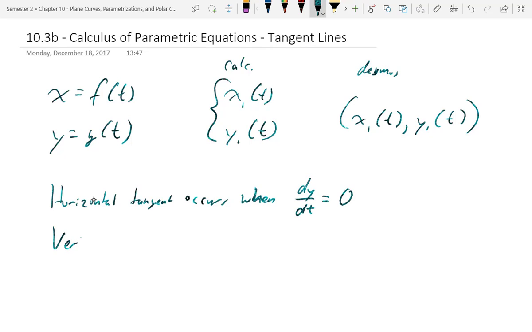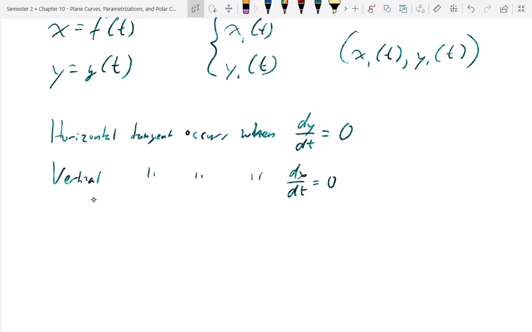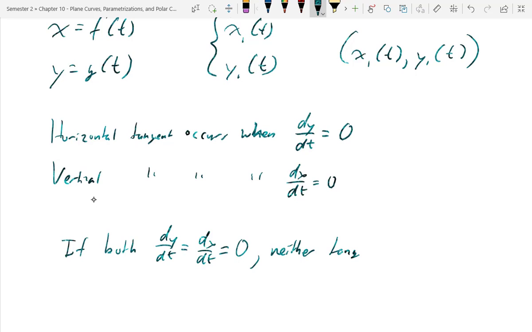And then vertical, dx over dt is equal to 0. It's worth pointing out that if both dy/dt and dx/dt equal 0, there is neither tangent, and you may have to look at the graph more carefully to see what happens.